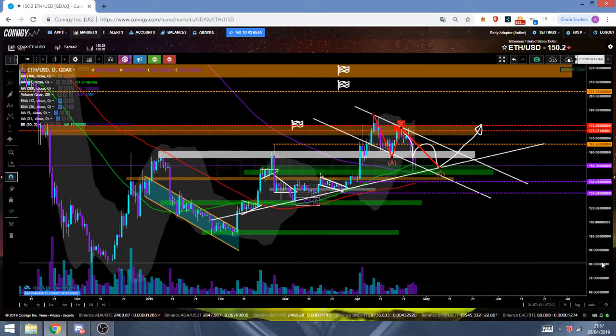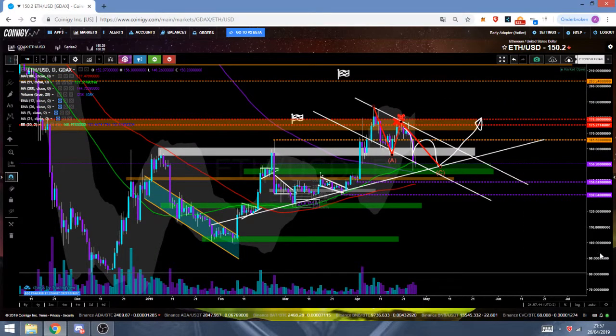Onto Ethereum right now. It is important to know the last projection fell through right here, so we landed right here close to the 200 moving average on the daily, and as I mentioned before, this was looking classic bull trapish.